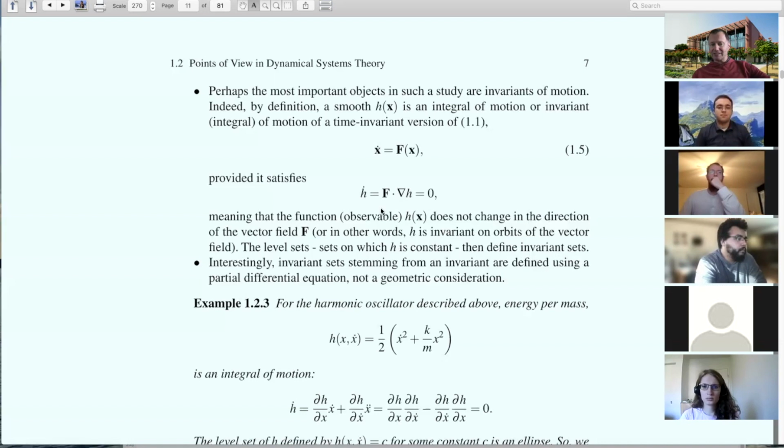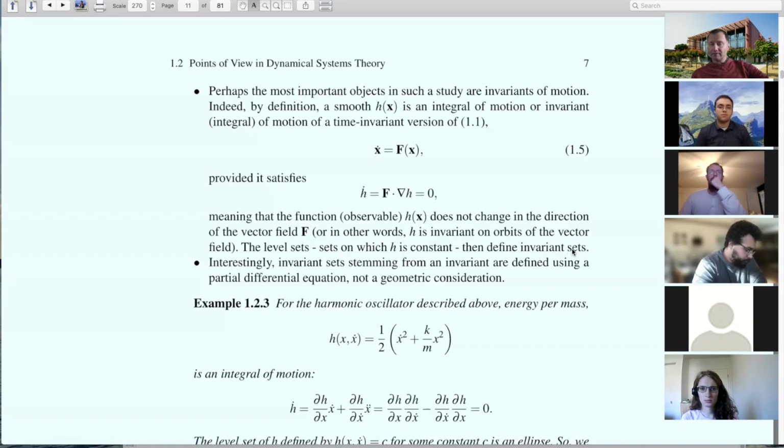If h is constant, so h dot is equal to 0, then the trajectory cannot leave. If a trajectory starts in that set, it cannot leave it, because that would mean that h is not constant, and therefore I would have a contradiction. So QED, the level sets, the sets on which h is constant, actually define invariant sets.